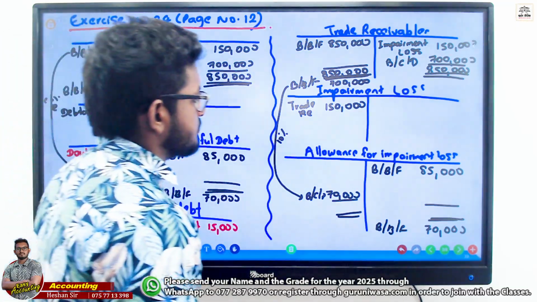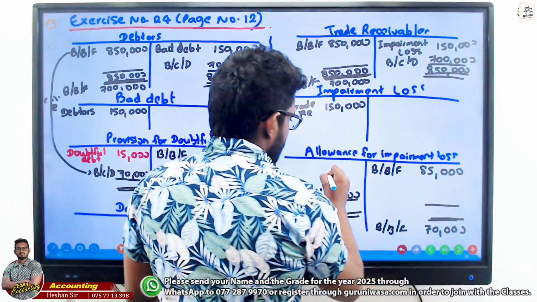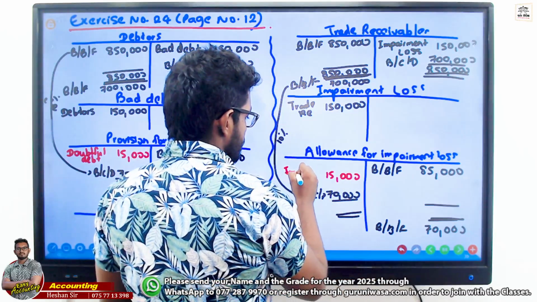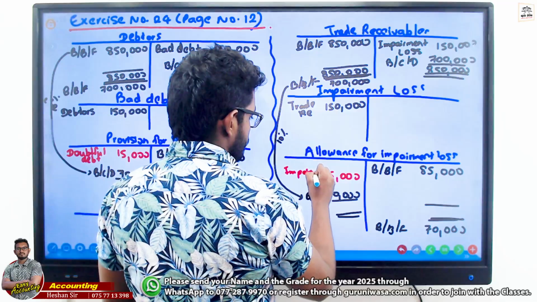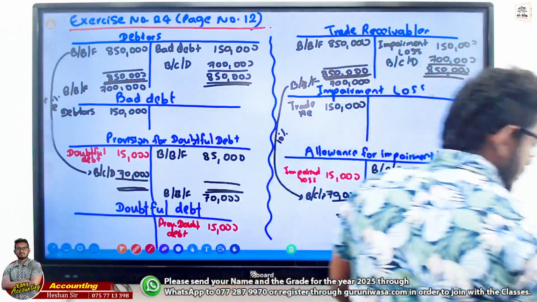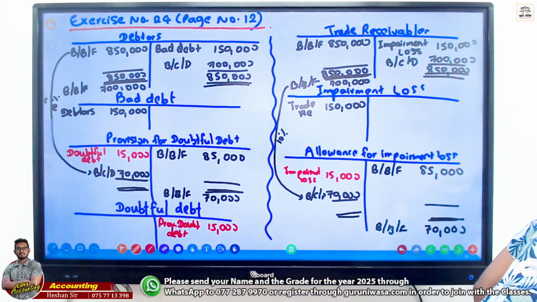In here, 15,000 impairment loss. 15,000 allowance for impairment loss. Right?